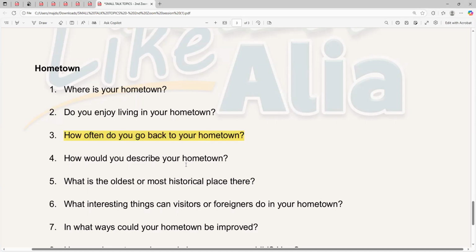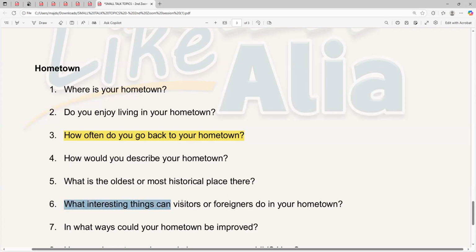How would you describe your hometown? If I'm not familiar, if I'm not from here and I don't know your hometown, how would you describe it? Tell me about it. What is the oldest or most historical place there? For example, if we're talking about Jordan, we know that we have a lot of historical places like the Roman theater, Petra, etc. We have more actually.